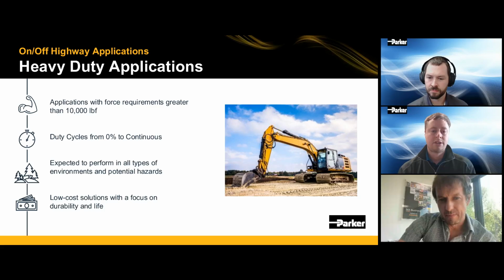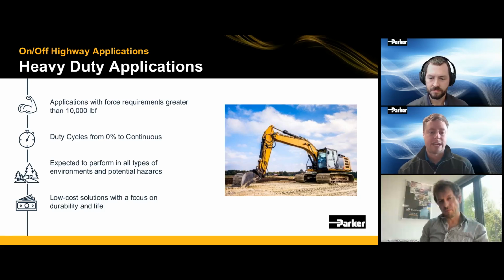So what we've noticed through our own testing is that 2,000 to 2,400 pounds of force is an inflection point between the ball screw EMA and the EHA. Below that 2,000 to 2,400 pounds of force for that extension load, the ball screw EMA is more efficient.